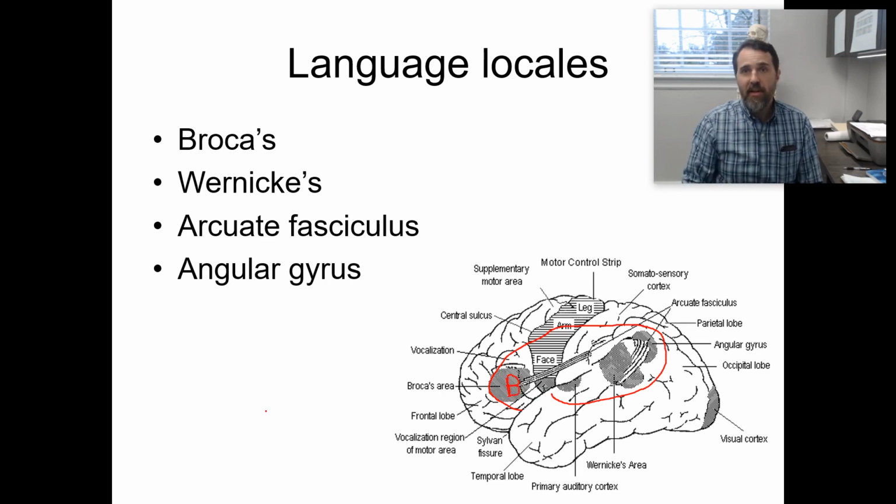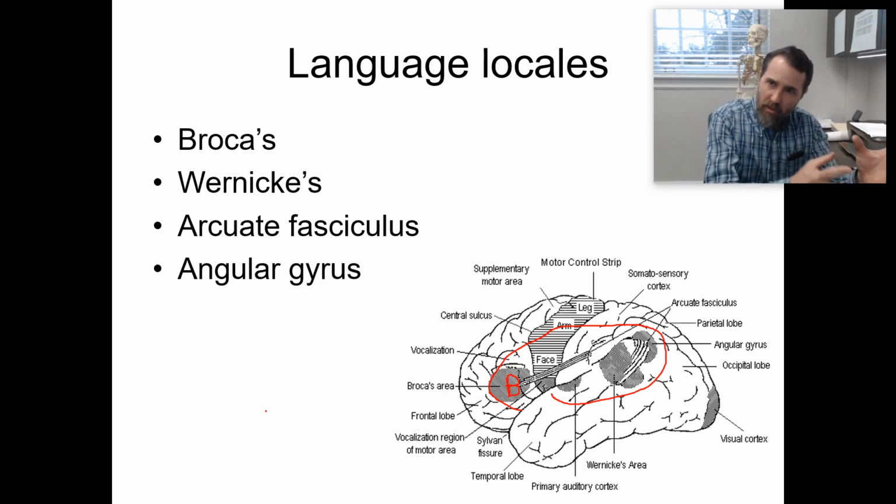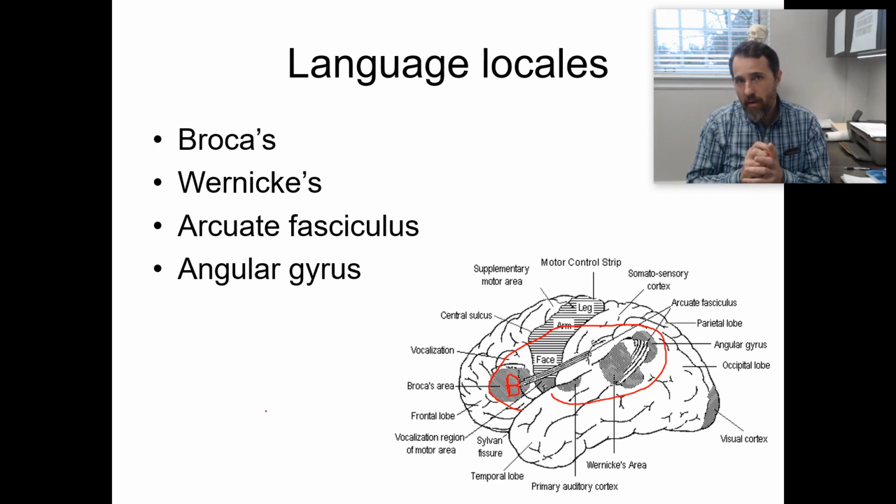And Broca's area is that part of your brain that takes the meaning that you want to express and finds the words for you to express that meaning, be it verbally or in writing or in Morse code, however you want to express that language. Broca's is the part of your brain that finds the words that allows that expressive language to happen. Also, we have Wernicke's area at the superior posterior part of the left temporal lobe.